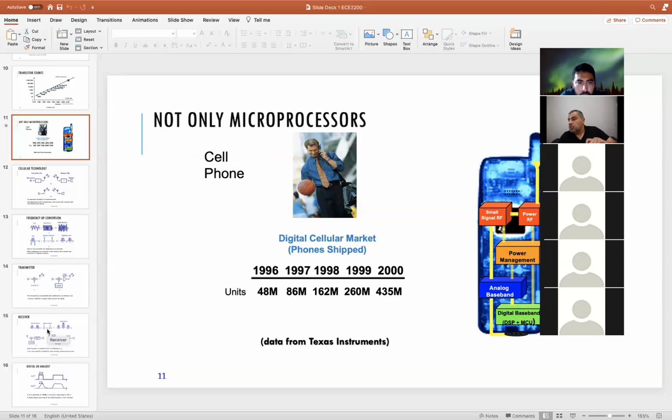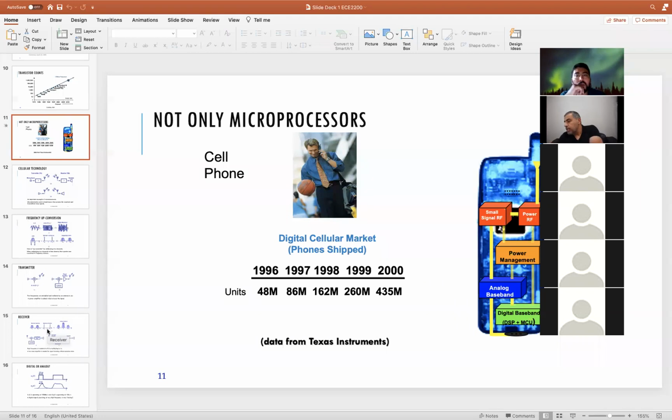So it gives you an idea of where things are going. Microelectronics is getting into more and more aspects of our lives. And people are projecting it to go into our clothing, into our bodies.